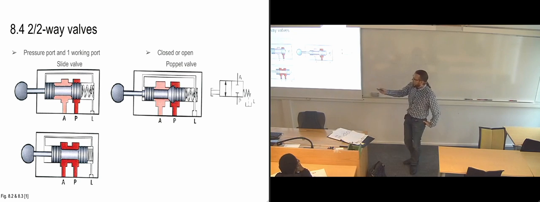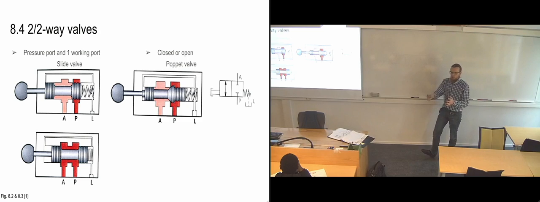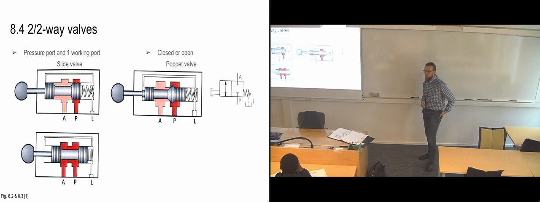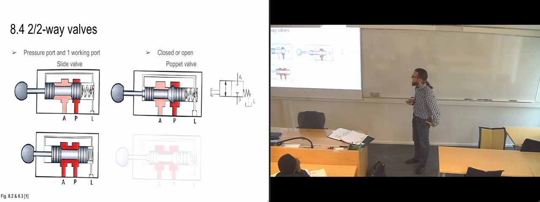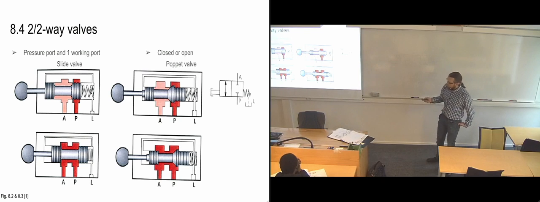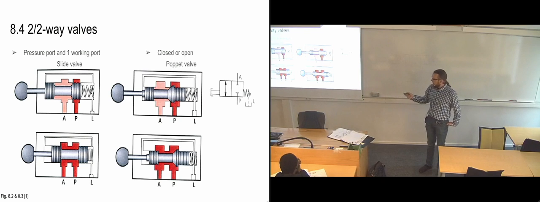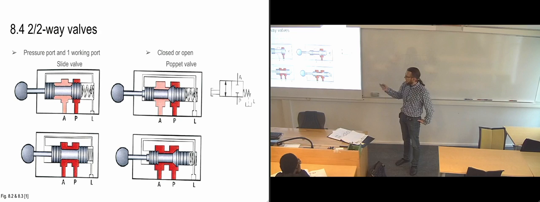That also counts for leakage between the pressure ports and the A ports when you're running it. So even though you have it closed, you can start getting some flow through it. Same goes for the Poppet valve. When you activate it, you get full flow between the P and A ports. You can see there's a bit of a different design on the pilot side here, so that there's room for some fluid.